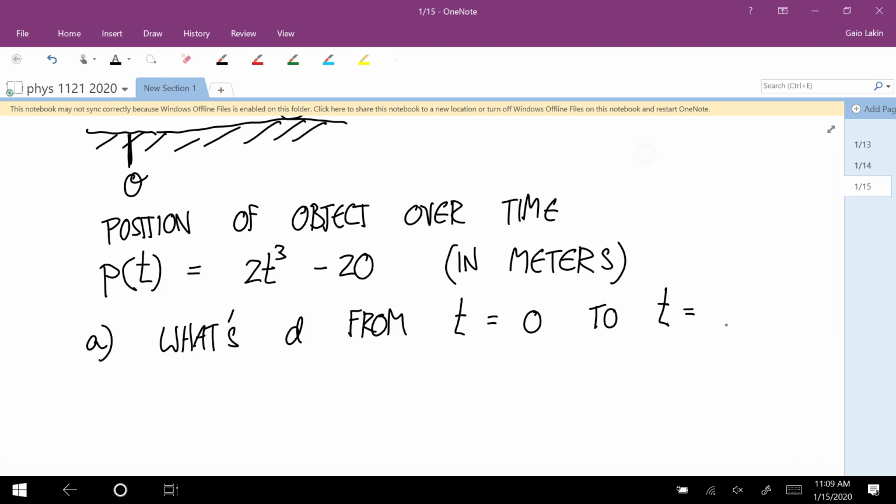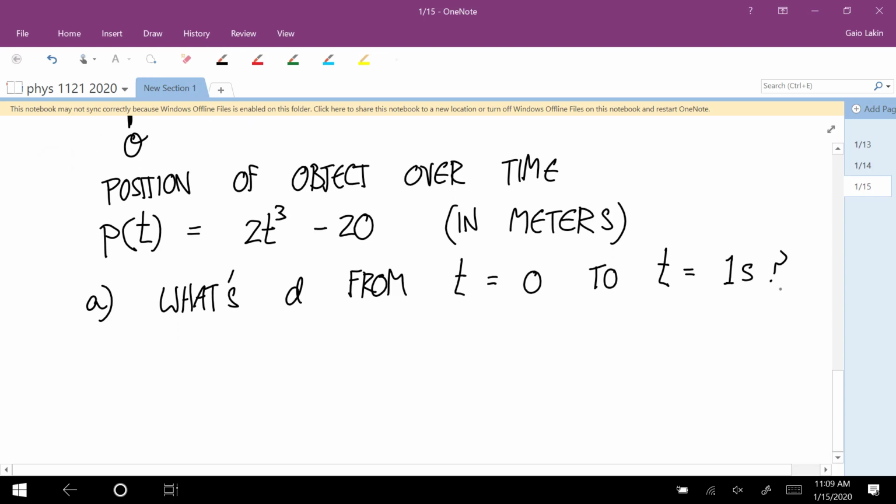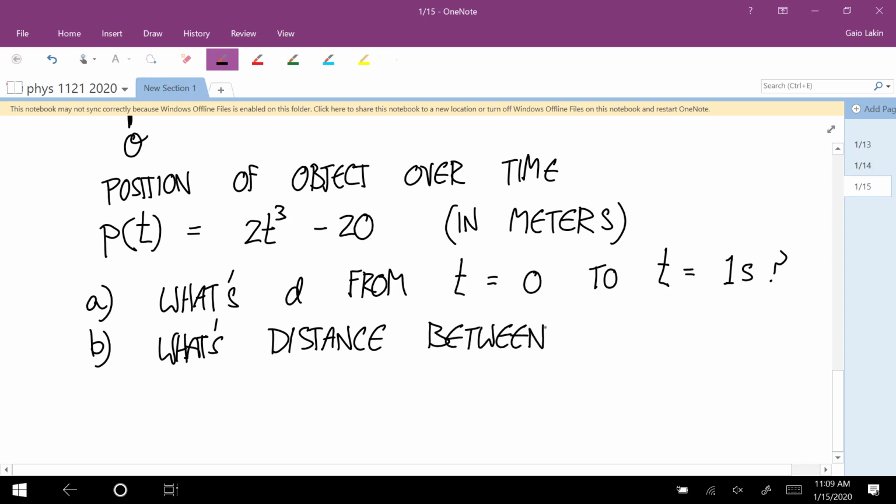Second, what's the distance between the locations at these two instants?